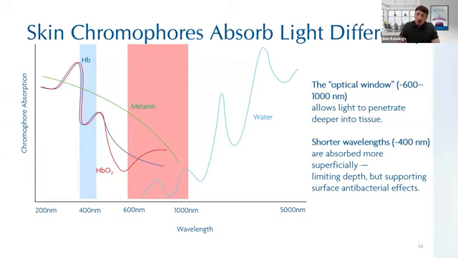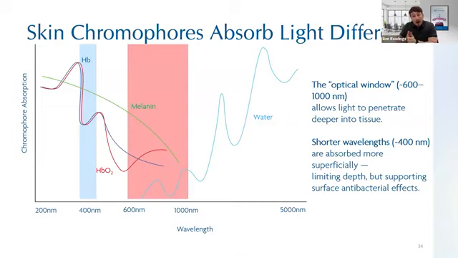When you look at these chromophores that will absorb light as the light makes its way through the skin, you see that you've got hemoglobin, oxygenated hemoglobin, and melanin. When you get to around the 600 to 1,000 nanometer mark, you actually have an optical window for light to penetrate into the body and into the skin.